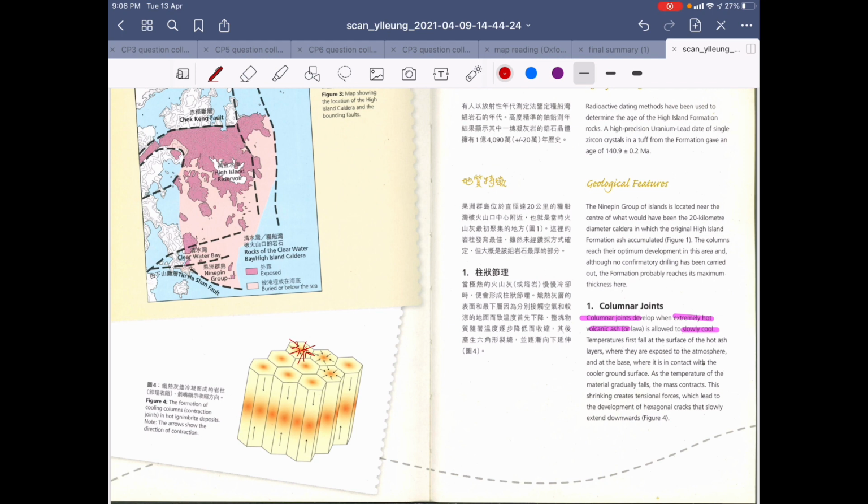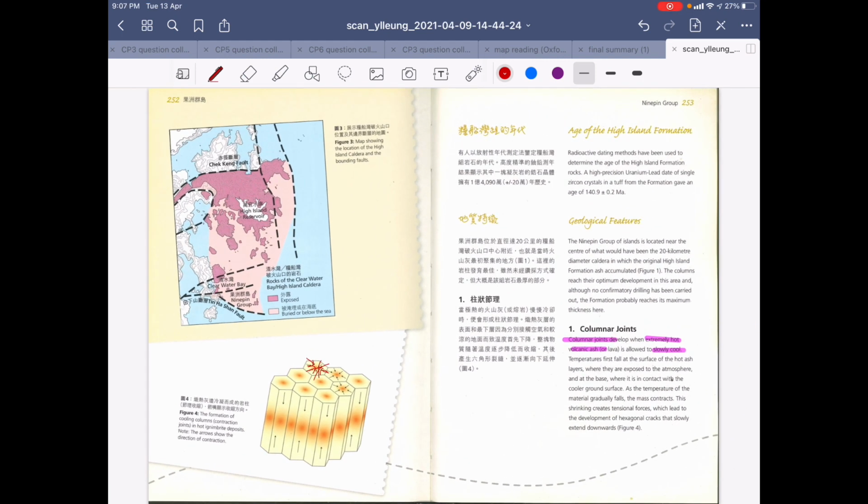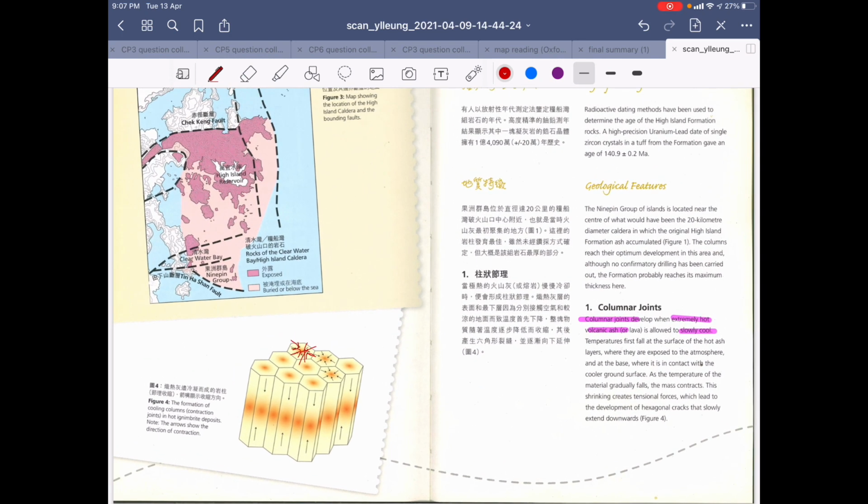It's something about physics, and hexagon is almost alike with the circle, so it's the fastest and most natural way of cooling and solidification. So anyway, you are just telling us that because the cooling is very fast and solidification is very fast, it will form the hexagonal columnar joint. Okay.